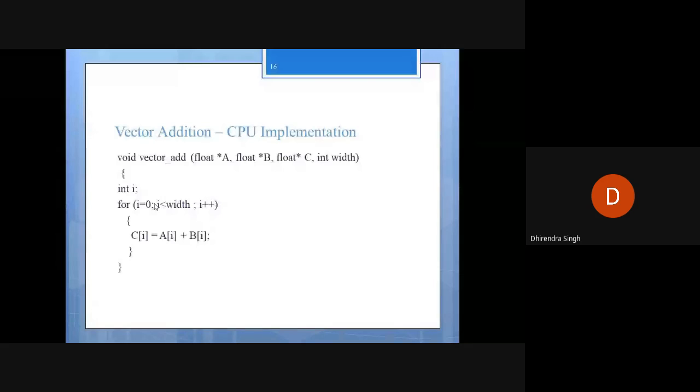But what's going to happen if you want to perform these 1,000 operations, 1,000 loop executions, in one go, in one iteration? In one iteration, all those 1,000 operations would be performed. Here you can use the concept of GPU computing.